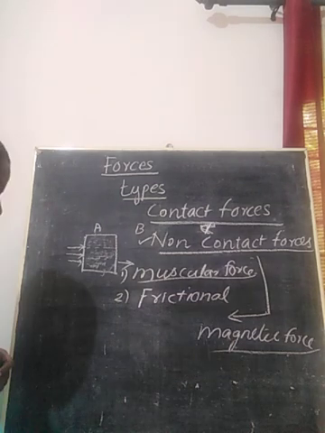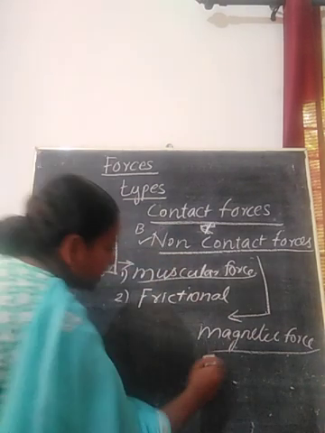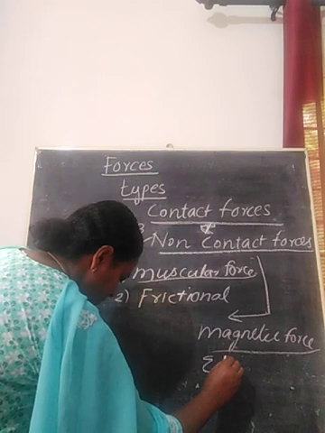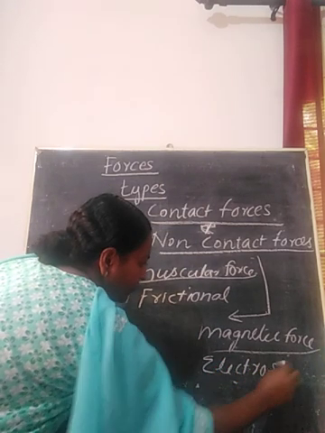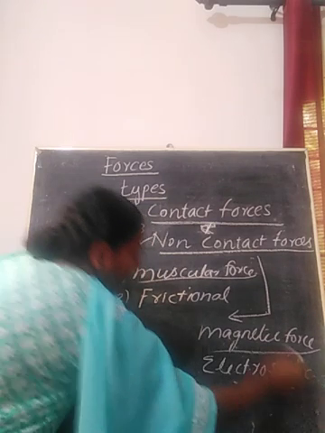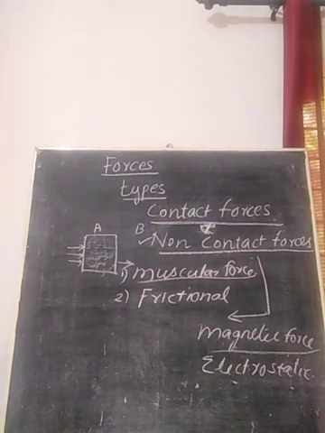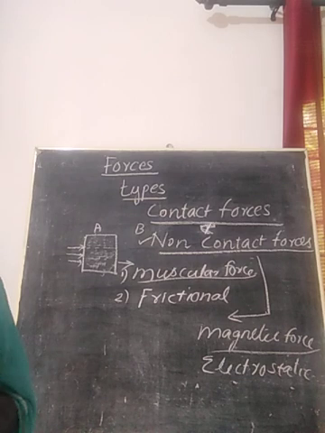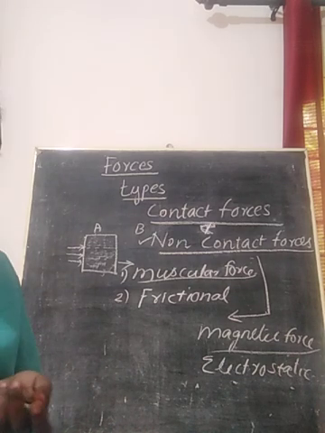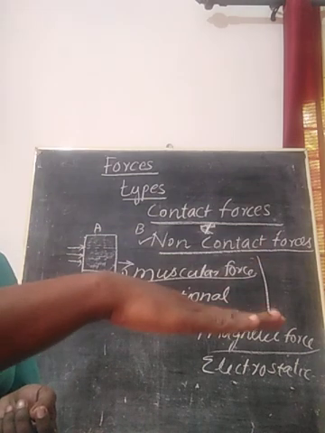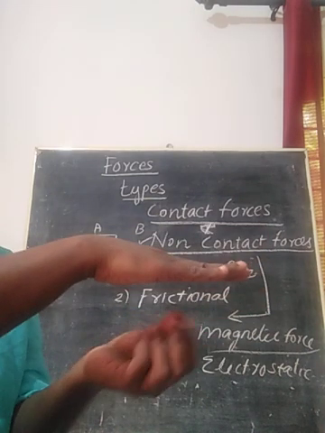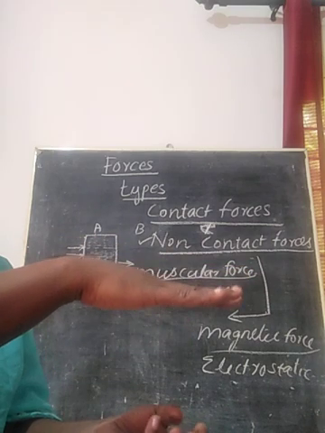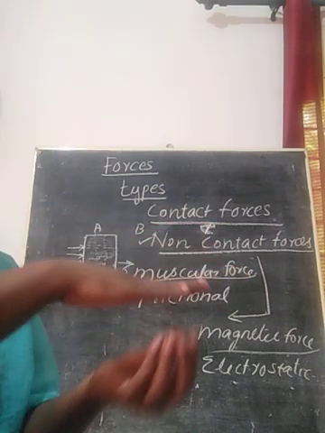One more type is the electrostatic force. You studied this force last year. What is electrostatic force? You have done so many activities on it. When you rub a scale on your hair for a long time and hold the scale above tiny pieces of paper, all the paper starts jumping towards the charged scale.